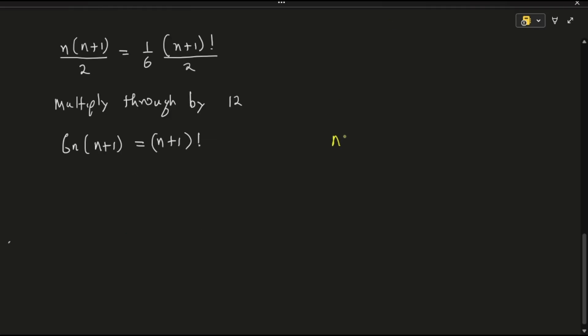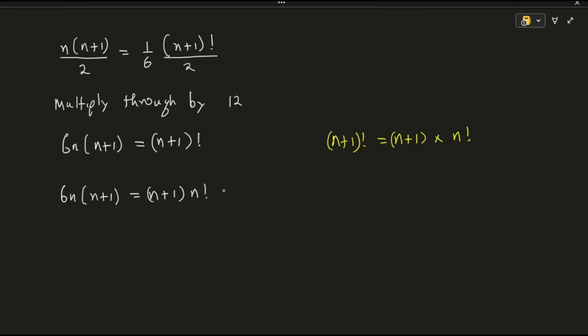Now, n plus 1 factorial can be expressed as n plus 1 times n factorial. So if we do the substitution, and divide through by n plus 1, we're going to have 6n is equal to n factorial.